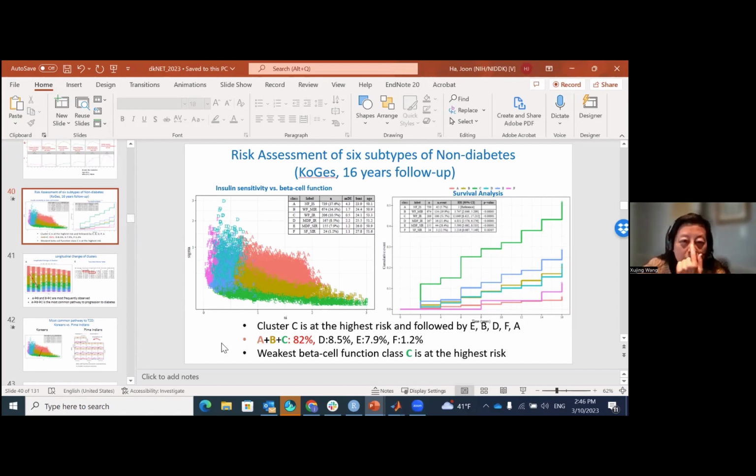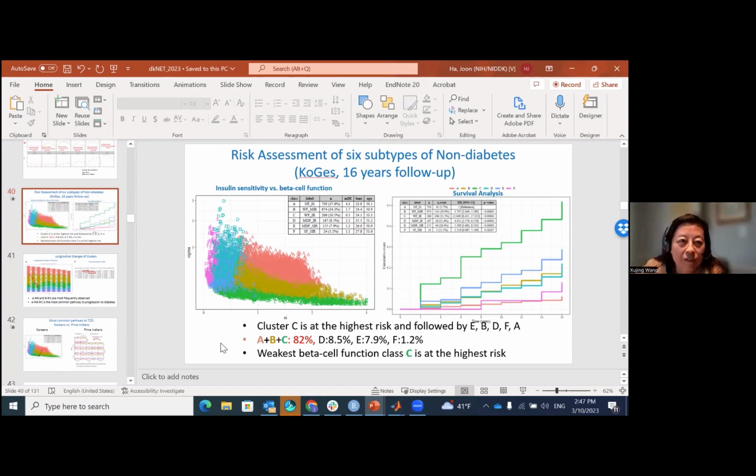So were you able to distinguish the following 2 scenarios? Scenario 1, you have beta cells not functioning as well as normal. And scenario 2, you're losing beta cells, namely the beta cell mass is reducing, such as in type 1.